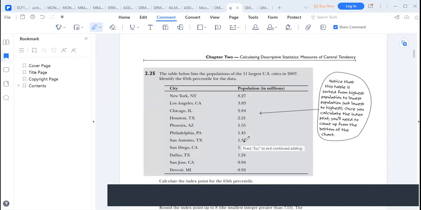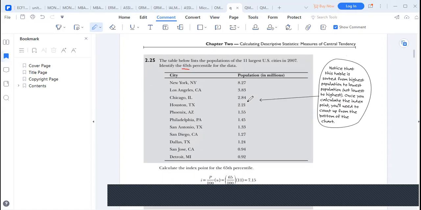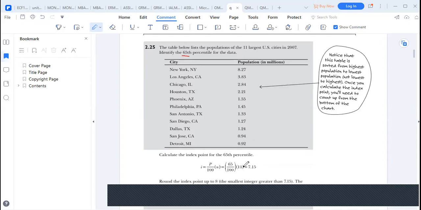So we also have data here. We're being asked to identify the 65th percentile. This data should be rearranged first, but it is already arranged in ascending order up to the highest figure. So 65 over 100 times 11, we get 7.15.